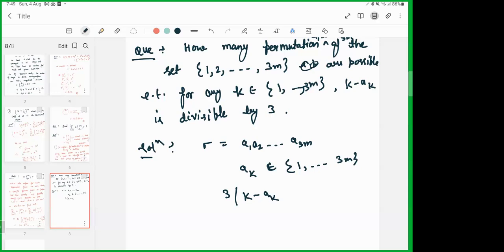Now tell me, what does this mean? That means you can simply say 3 divides ak minus k as well.